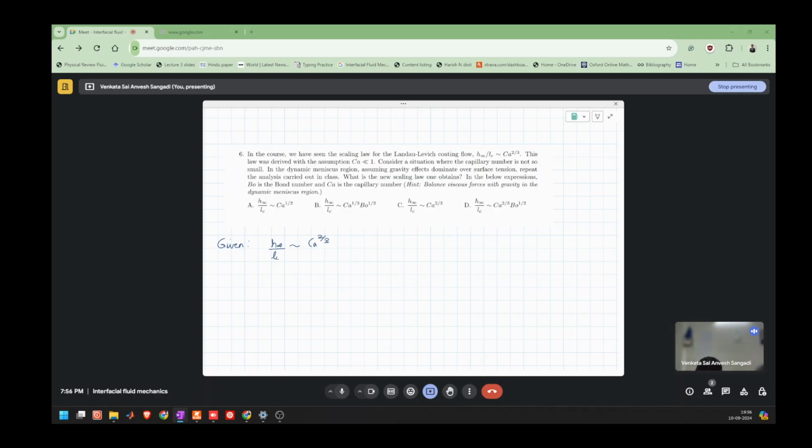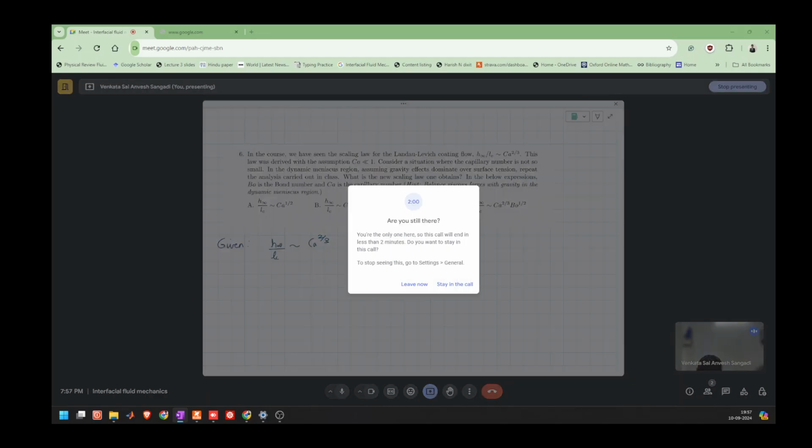This law was derived with the assumption that the capillary number is less than 1. Consider a situation where the capillary number is not so small. The dynamic meniscus region, assume.